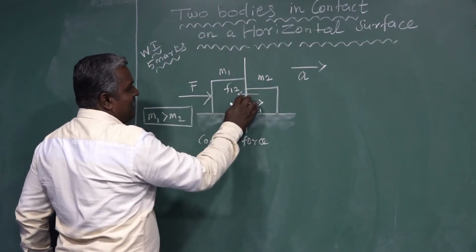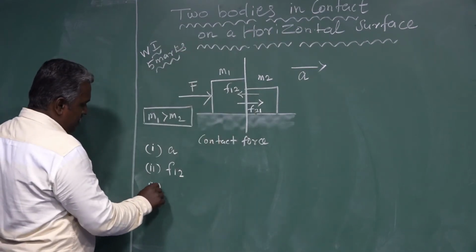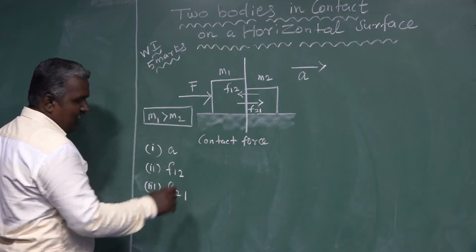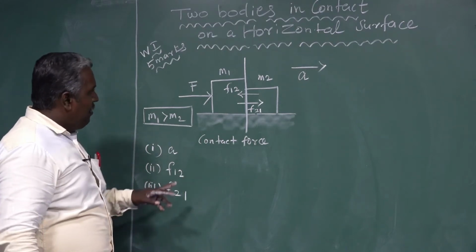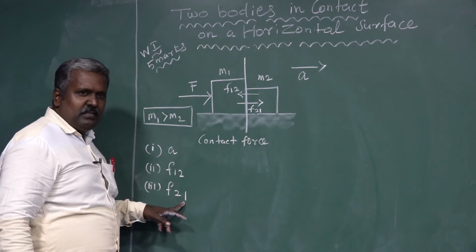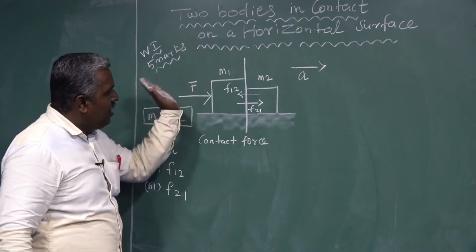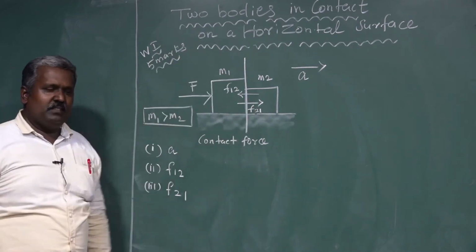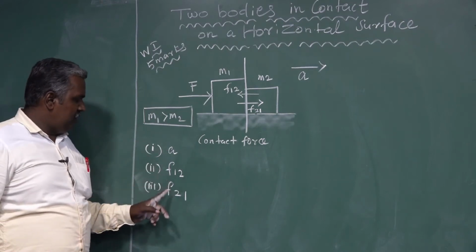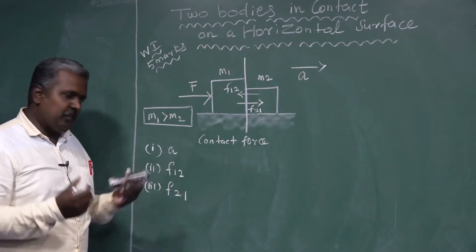Then we should find F21 also. How? By 1 on 2, the force exerted by mass M1 on M2. Three things keep in your mind: small a, F12, F21. Clear? Shall we go to the next one? Listen properly.